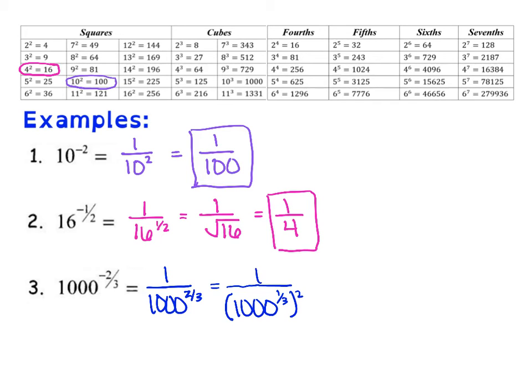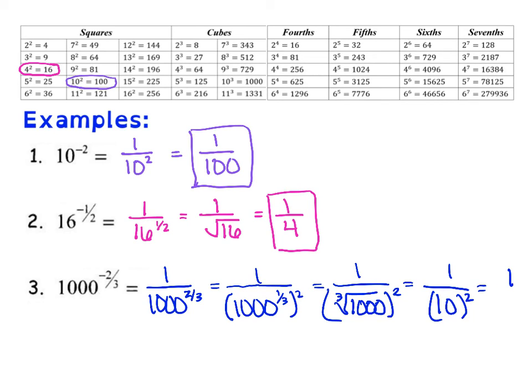And 1,000 to the 1/3 power was the cube root of 1,000, squared. The cube root of 1,000 was 10, squared yet, and 10 squared is 100.